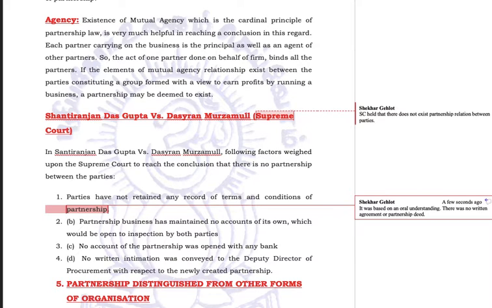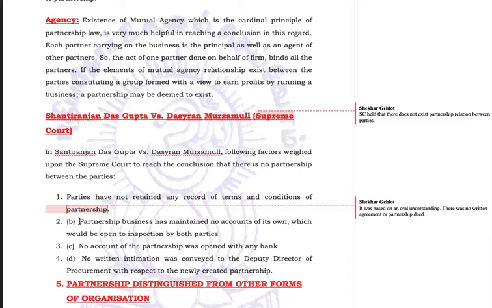There was no written partnership deed. When you do not have a partnership deed, it becomes very difficult to prove the oral understanding, especially because understanding exists in the mind. So proving on the record that some understanding existed in the mind, what exists in your mind, is difficult to prove.